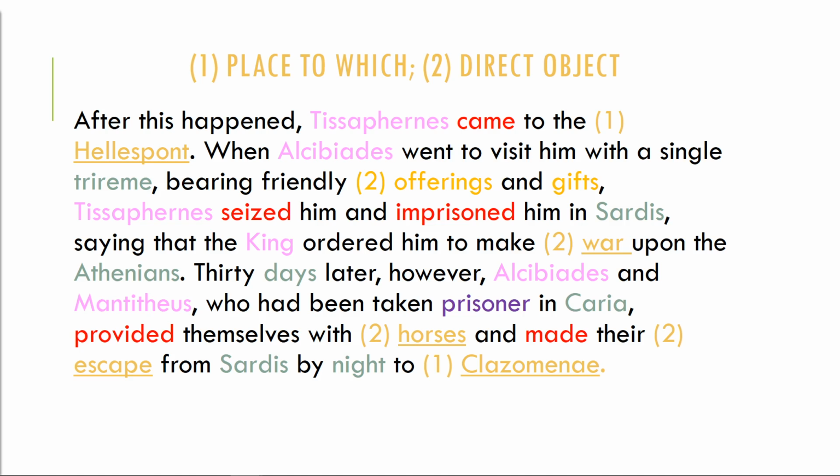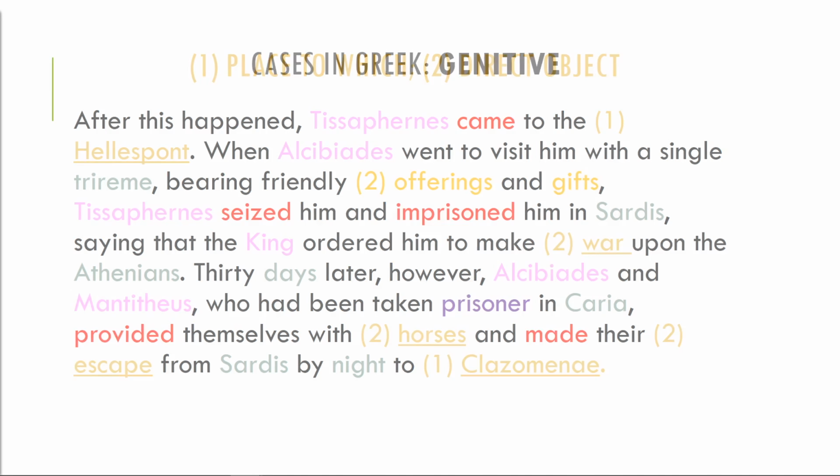Sorry, one is place to which, not direct object. He ordered him to make war. That's a simple direct object. They provided horses, and they made their escape, and they went to Clazomenai. So these are all either direct objects or place to which. These are things that would always be placed in the accusative in Greek.